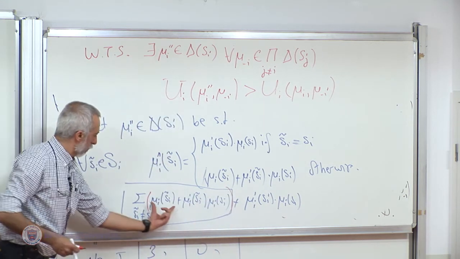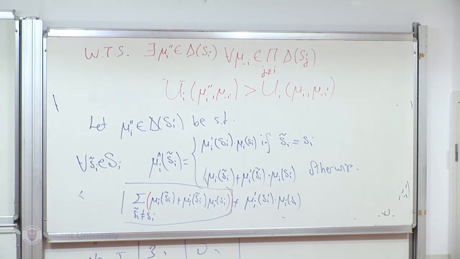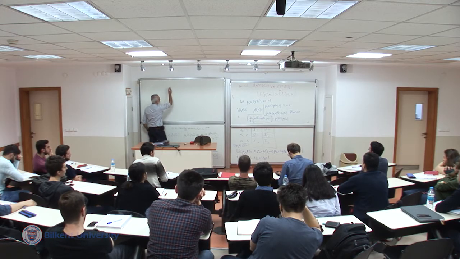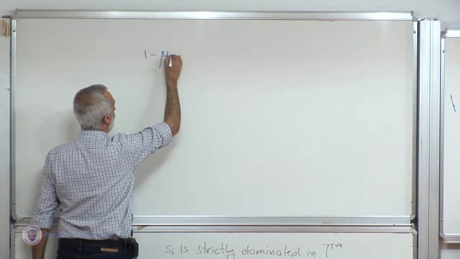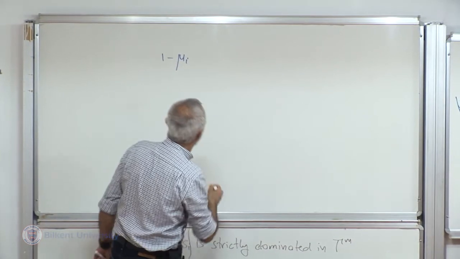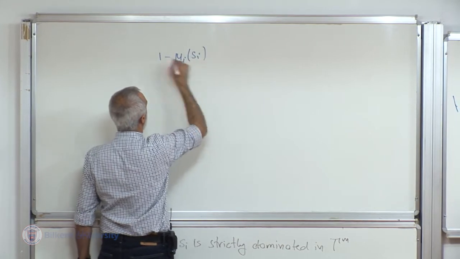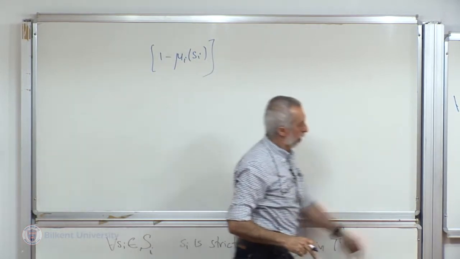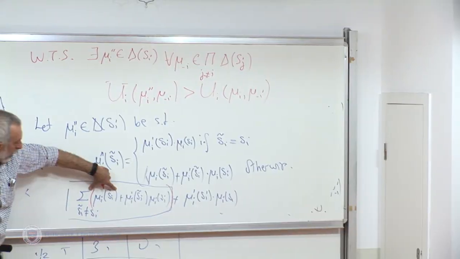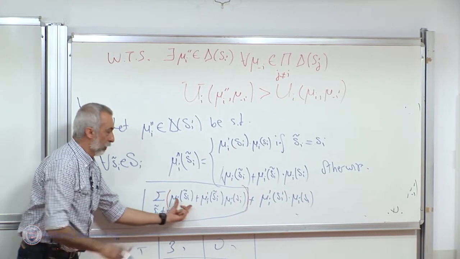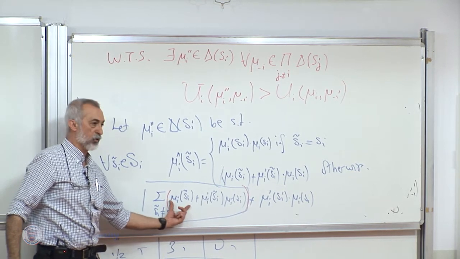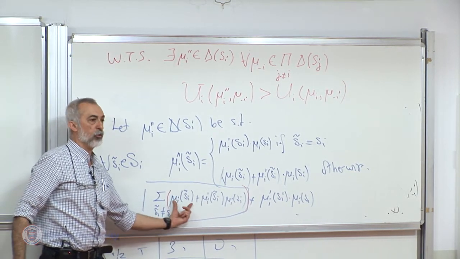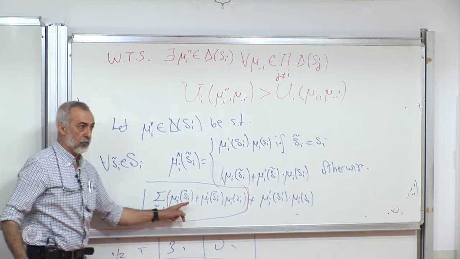Okay. So the summation of all those will be 1 minus mu i si, right? So we sum up all these terms over all si tilde different than si. So the only thing missing in the summation from making it equal to 1 is mu i si.